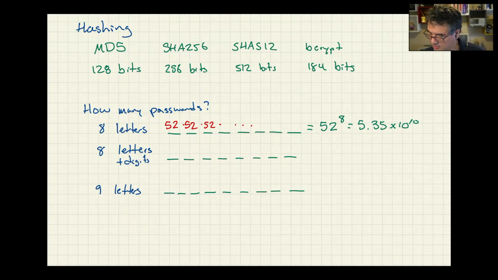Let me look back at my notes here. Well, I think I got that right. About 53 trillion combinations.